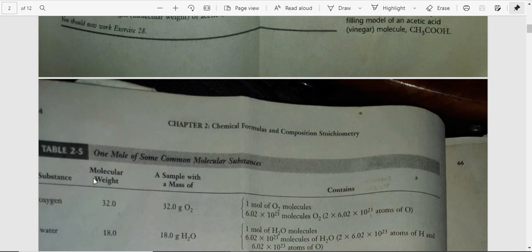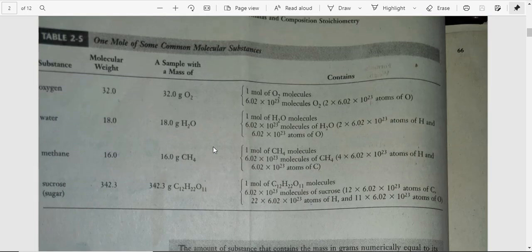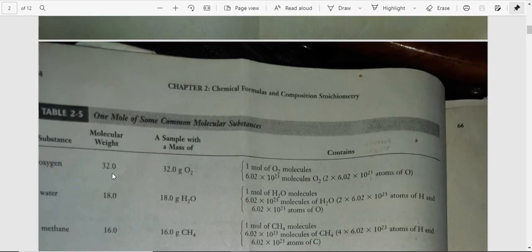But if you're talking about oxygen as a stable compound, oxygen is diatomic, meaning it needs a pair, it must be in 2 to be stable. Therefore, you multiply its atomic mass unit by 2. Therefore, it has 32.